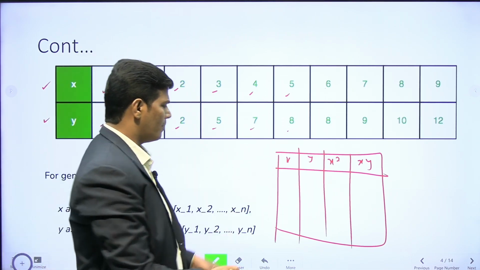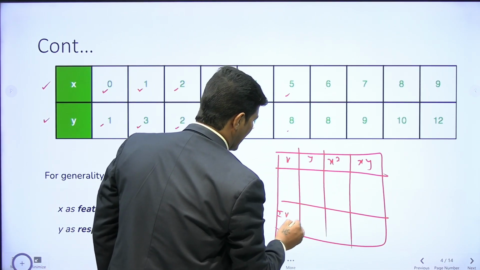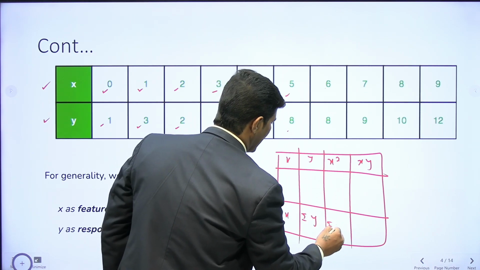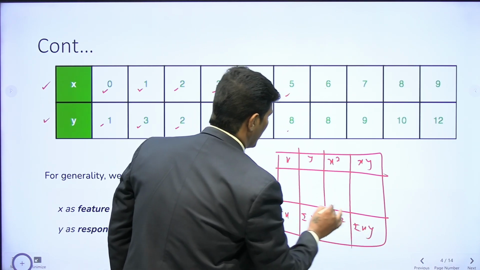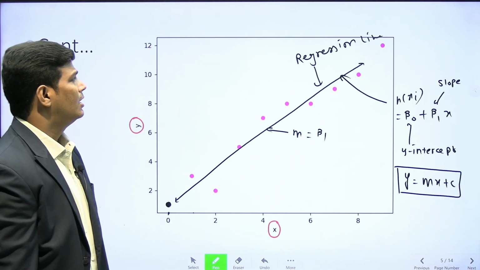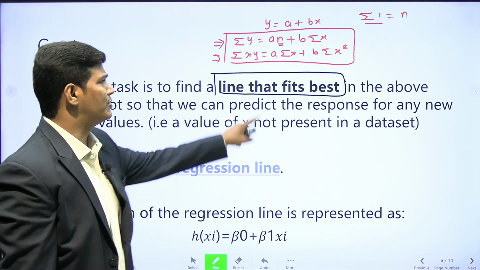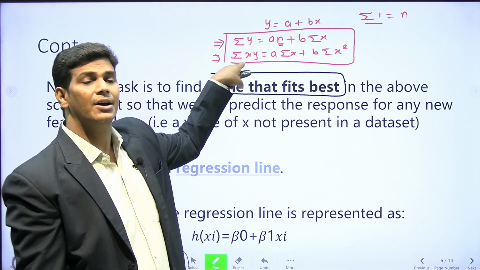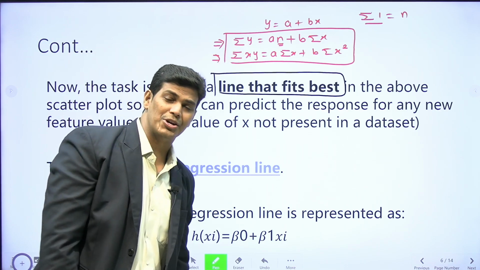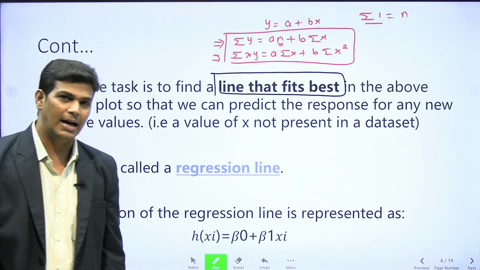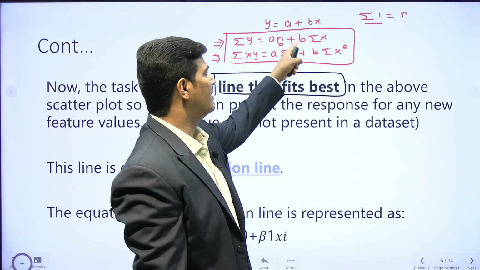From here you will get summation x, summation y, summation x square and summation xy. So you have all the values. We substitute all the values in these two equations, then solve them as linear equations, and after solving we get the values of a and b.